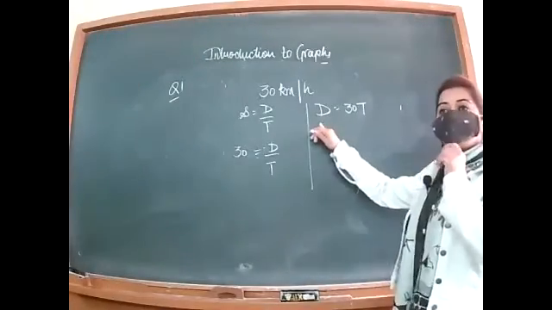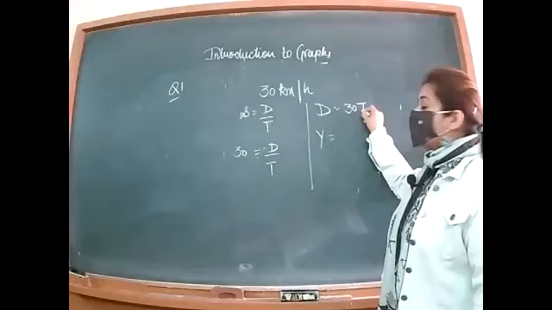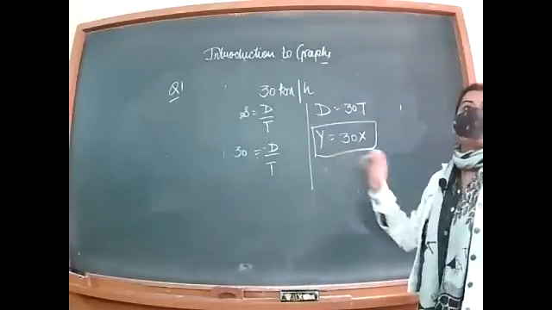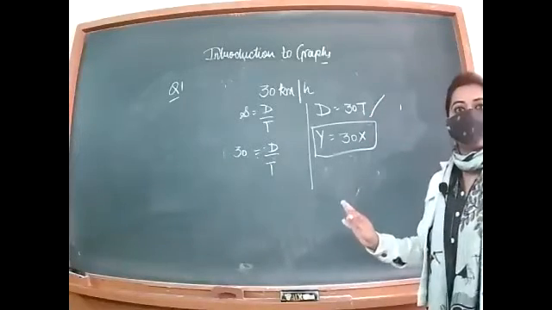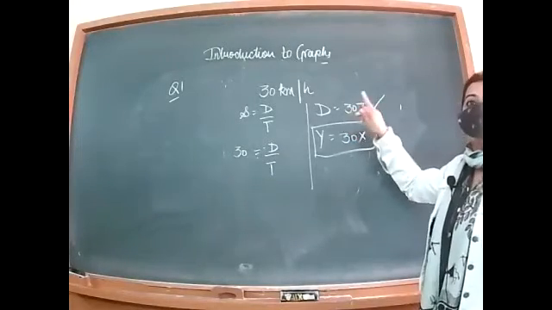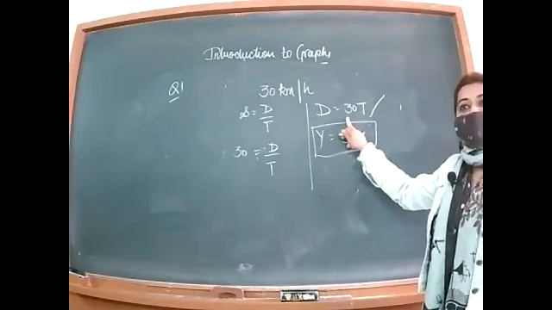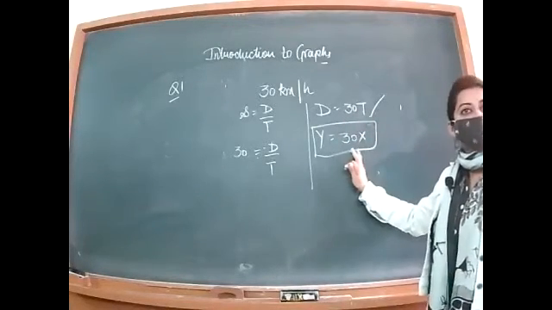Now, instead of writing distance or time, you can suppose distance as y and time as x. So your equation will change to y is equal to 30x, or you can keep it as it is. Got it? So this is called the equation, or also the expression, relation.